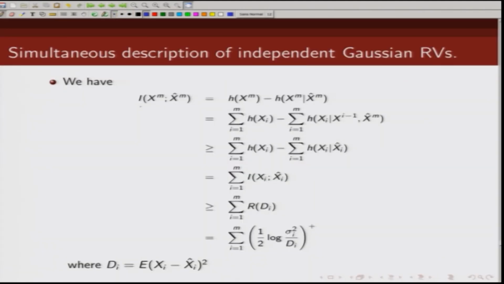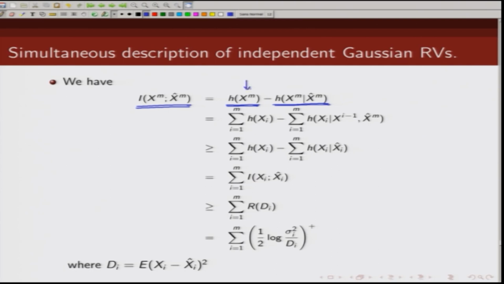So now let us look at the mutual information between x^m and x hat of m. From the definition of mutual information, we can write it as the differential entropy of x^m minus the differential entropy of x^m given x hat of m.